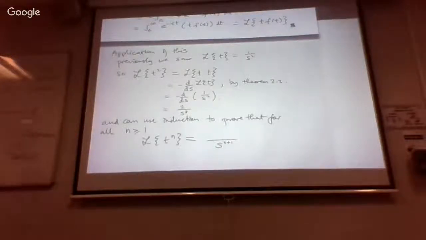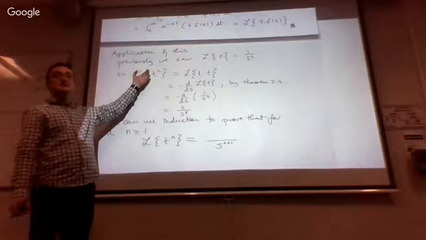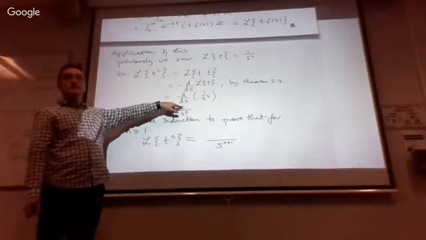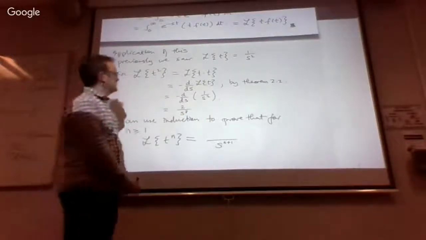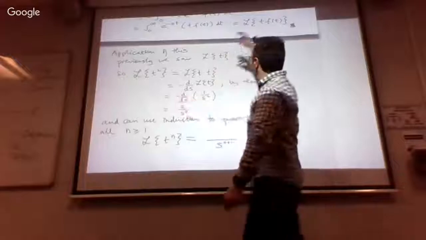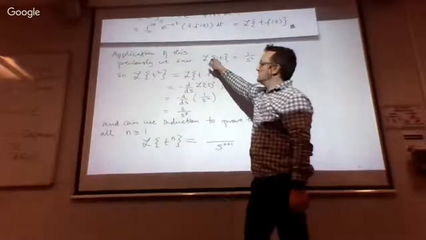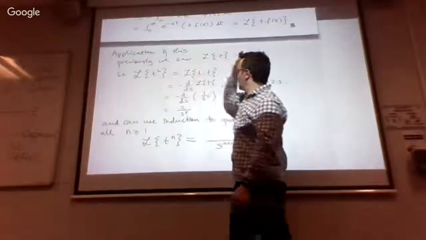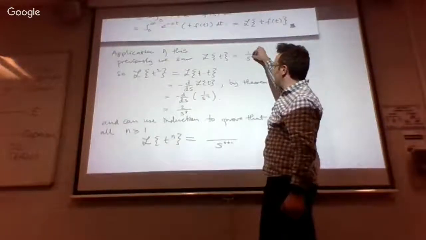n factorial. Yeah, n factorial. You see, because you pick up a 2 when you do t squared. When we get to t cubed, we're going to pick up a 3 by 2 in the numerator. Why? Well, we use this as our base case. We have to go from t up to t squared, so we have to differentiate 1 over s squared, and when you differentiate that, you get a factor of 2 in the numerator.